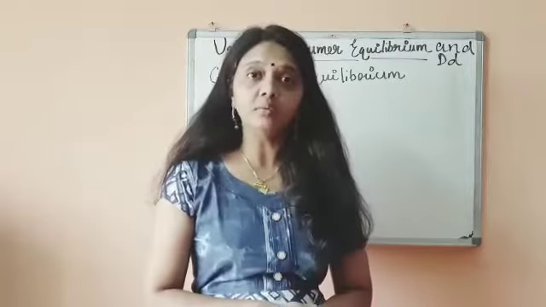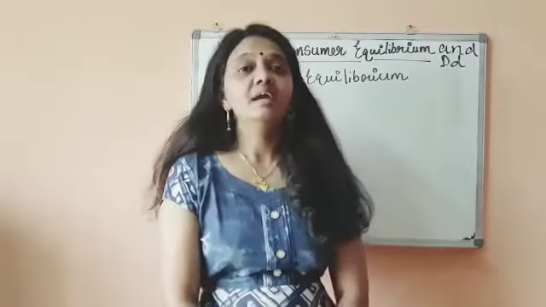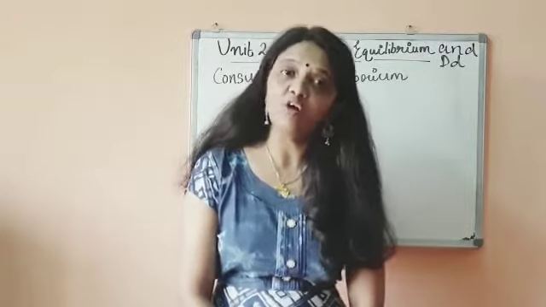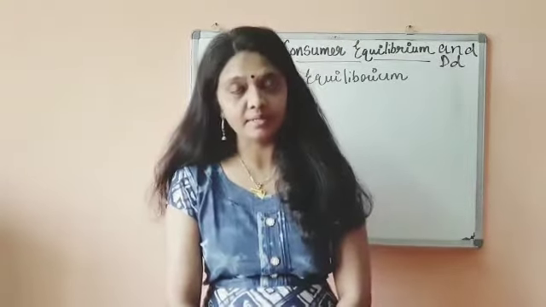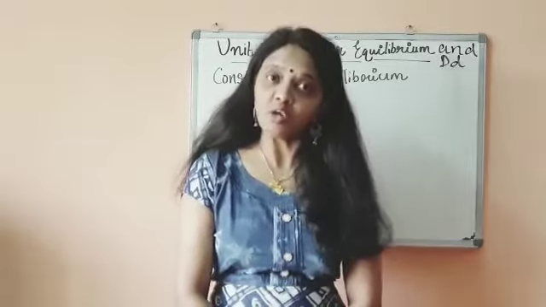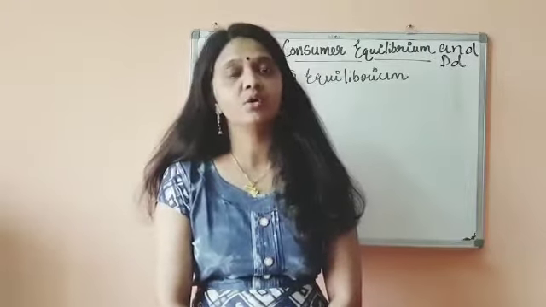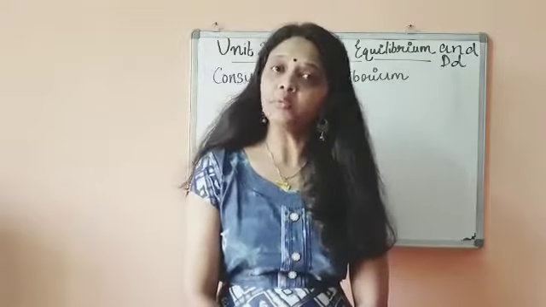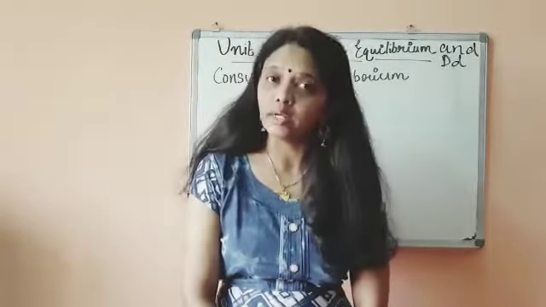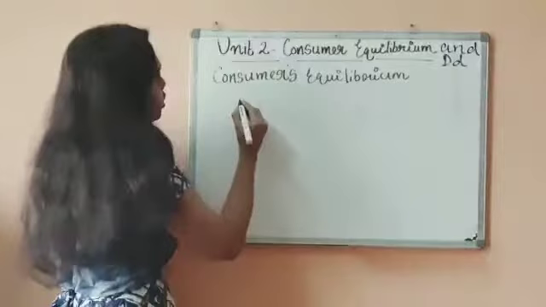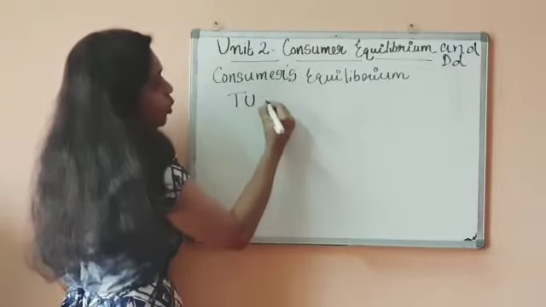What is total utility? It is the sum total of marginal utilities from the consumption of different units of a commodity. I am going to tell the equation of total utility. Total utility, we will say TU.